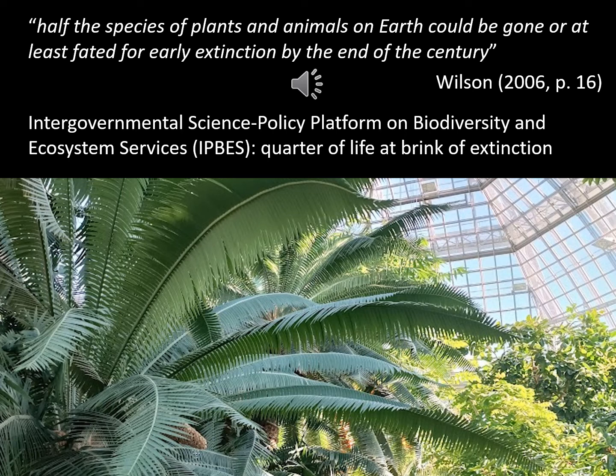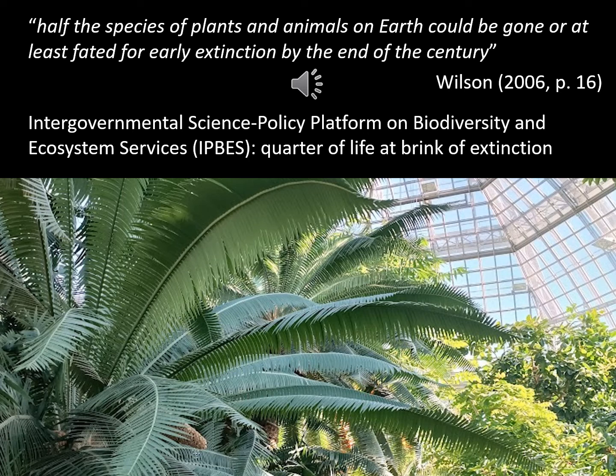Wilson is not alone with his grim outlook. Others have already claimed that we may find ourselves at the start of the 6th mass extinction event. The Intergovernmental Science-Policy Platform on Biodiversity and Ecosystem Services, IPBES, describes that human activities have altered most ecosystems and that these changes have already pushed a quarter of plant and animal life to the brink of extinction.